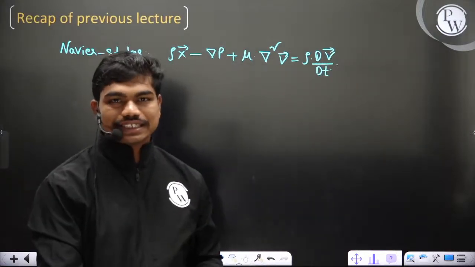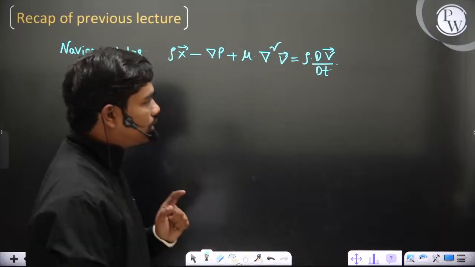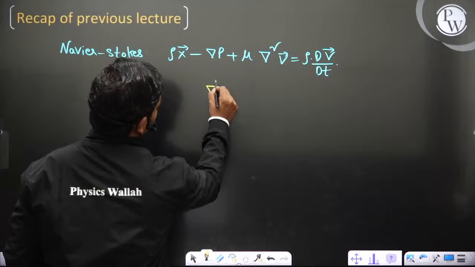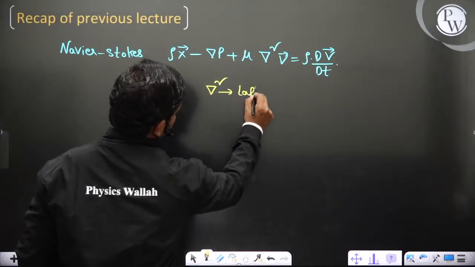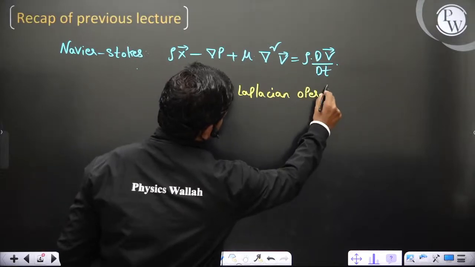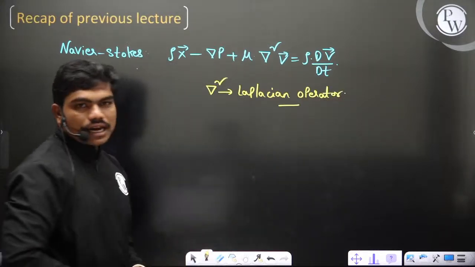Okay, so this is the Navier-Stokes equation we have seen in the last lecture. And this del square is basically the Laplacian operator.